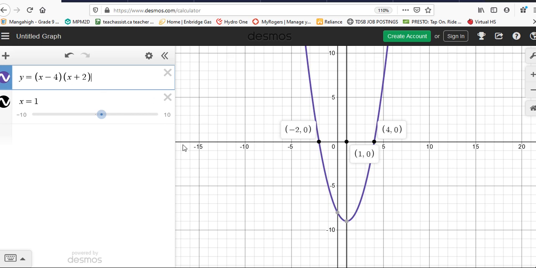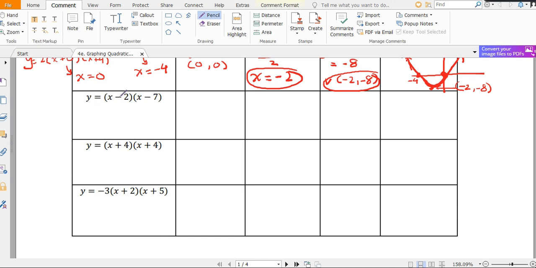Well, remember, all of the x-intercepts have a y value of 0. So if I were asked what are the x-intercepts, I know they always occur when y equals 0, right? Well then, how would I solve that? Well, if I want this whole thing to equal 0, you have to remember that 0 times anything is 0, right?